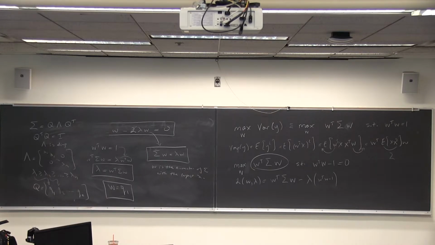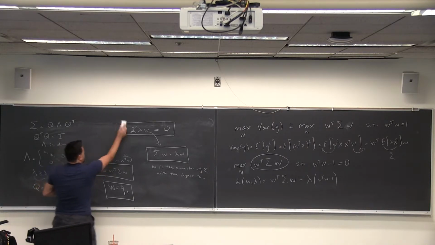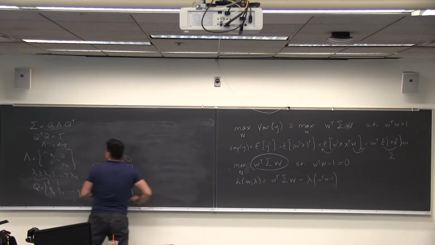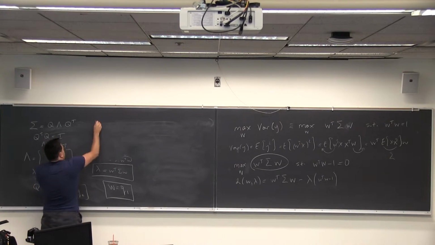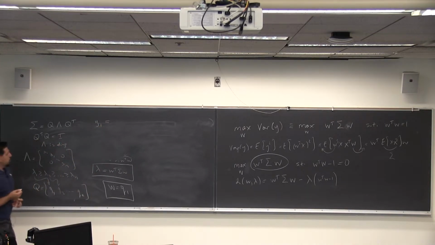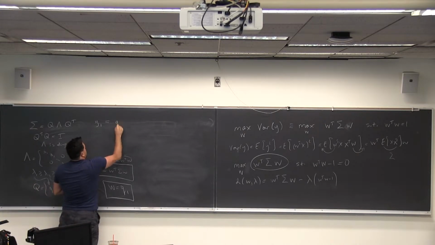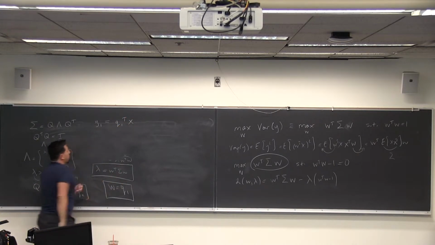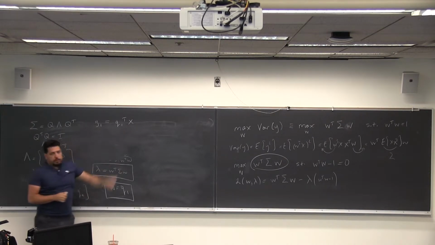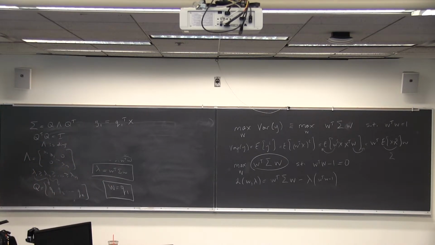Let's write this down here. So I'm going to call this Y1. This is the first projection. I can do more projections, and I will do it. So we call this the projection of X onto the first eigenvector, corresponding to the largest eigenvalue.